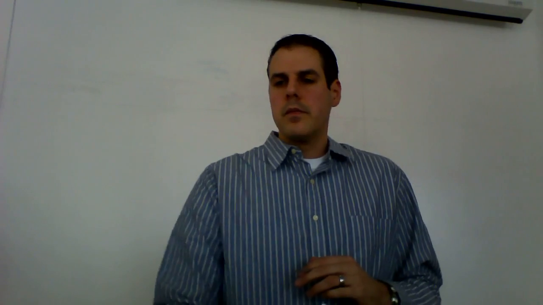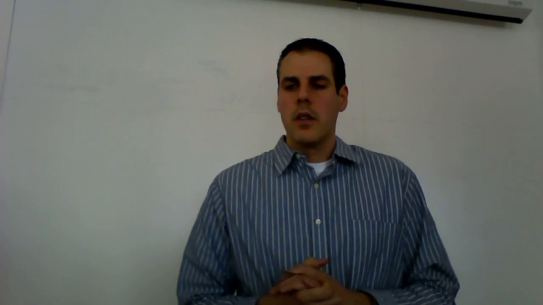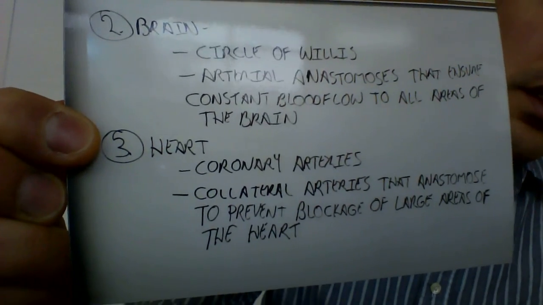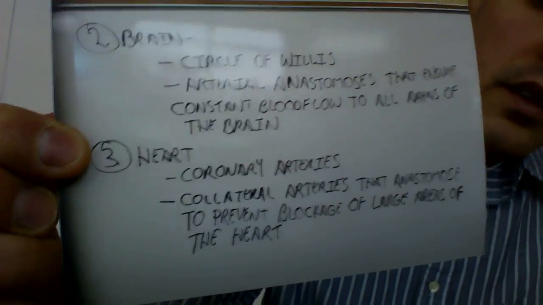Now, the brain and the heart are pretty straightforward as far as arterial anastomoses, trying to maintain constant blood flow. So here are the notes for the brain and the heart.